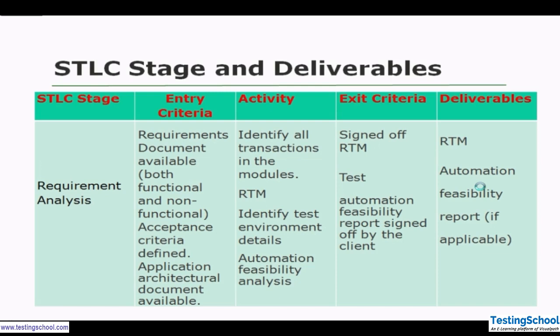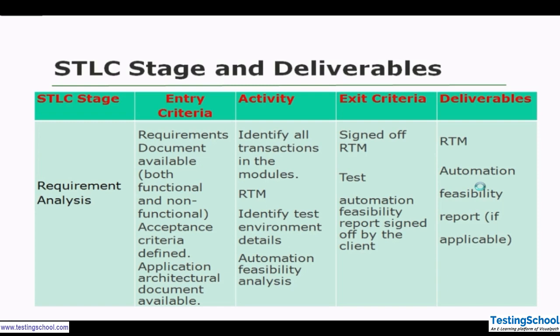In this phase, we identify all the modules, we create the requirement traceability matrix, like RTM, we identify the test environment, and we start our automation feasibility analysis.